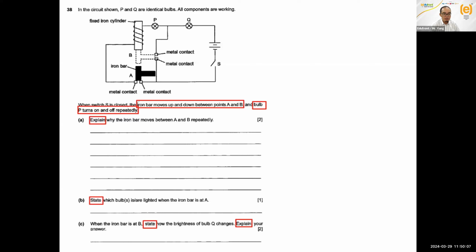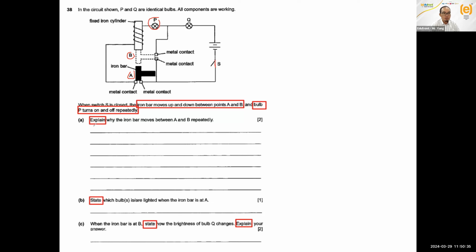When switch S is closed, it's a closed circuit, and this iron bar moves up and down between point A and point B repeatedly. And then the bulb P turns on and off repeatedly.